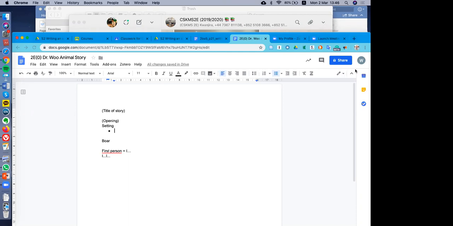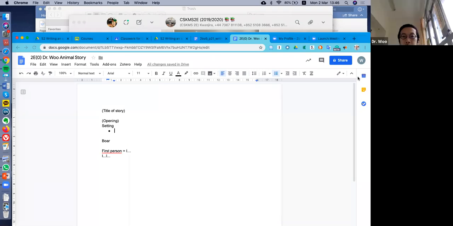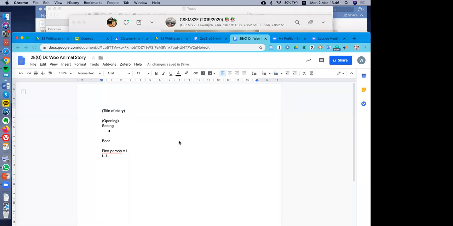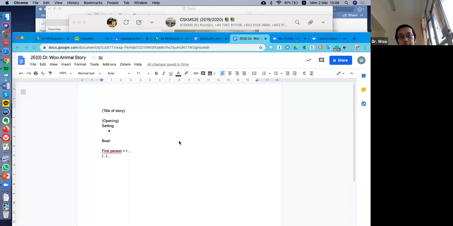So the first setting. Hmm, what does setting actually mean? There are pieces of information that we have to include, that we should tell the reader.